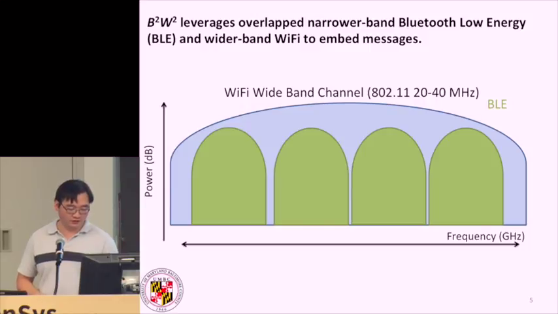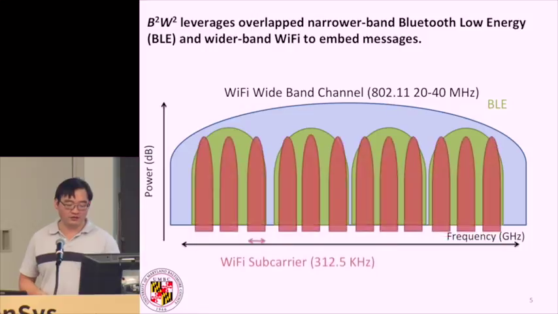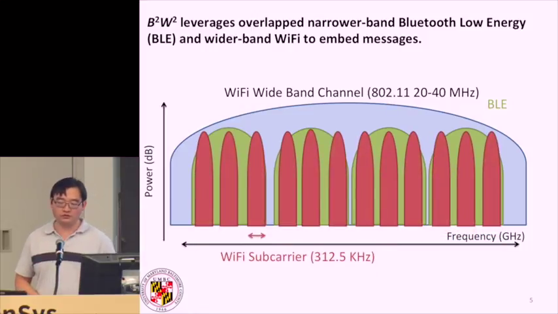Hence, what we hypothesize is that we can sense BLE using Wi-Fi's carriers. Each of these subcarriers occupies different bands, and by measuring the interference on these subcarriers, we can, in a sense, use Wi-Fi to sense BLE.